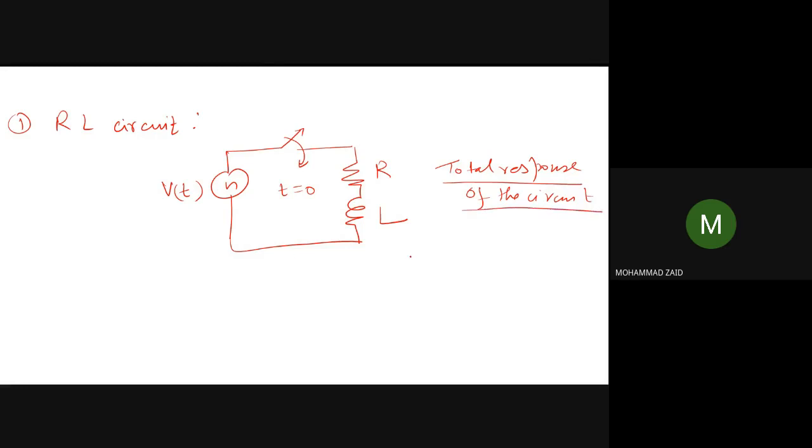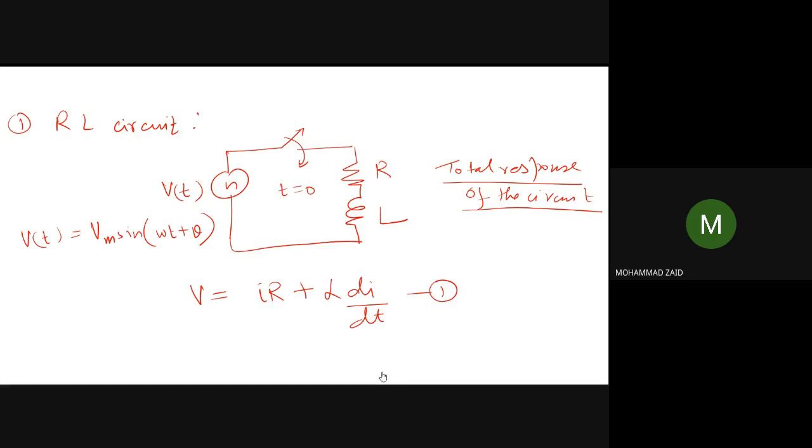It should be remembered that V(t) here is Vm sine of omega t plus theta. So we can write V is equal to iR plus L di/dt. This is our basic governing equation.